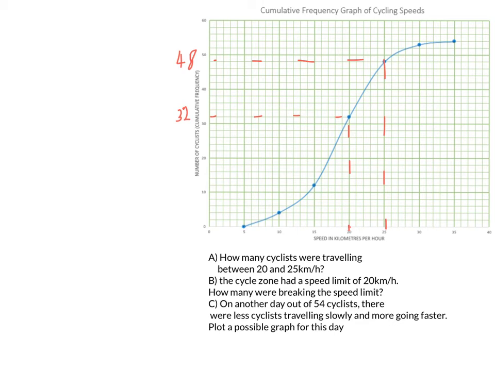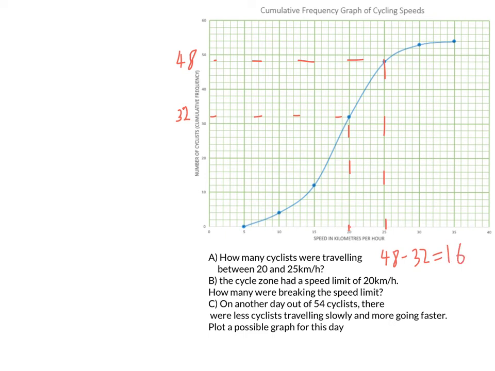Now that means there were 32 people who travelled 20 kilometres or less, these 32 people here. And then we've got these people here, which add up together to give 48 in total, who travelled 25 or less. So 48 travelled 25 kilometres or less, and 32 travelled 20 or less. It'll be the difference in the two, which were travelling between 20 and 25. So the answer for that is 48 minus 32 equals 16.